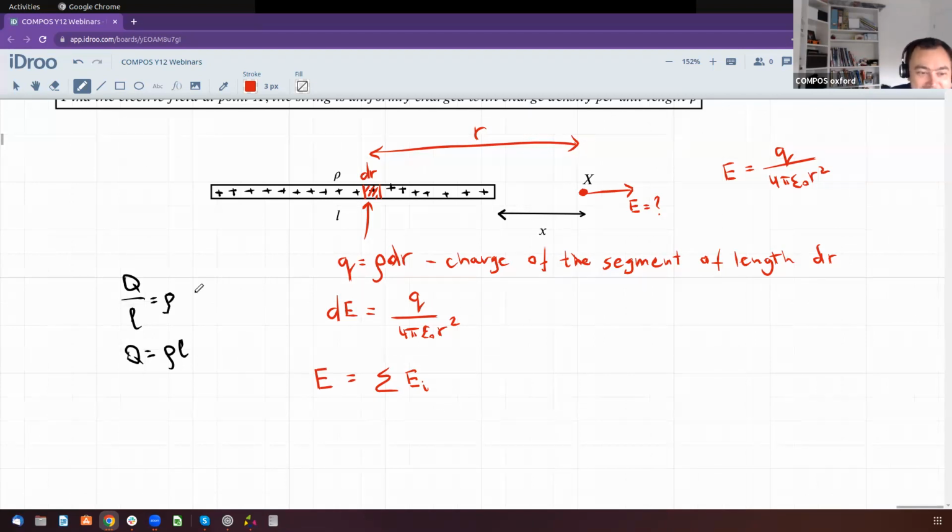All right. So you know what? I'm going to continue here. I know the Q is rho dr. It's going to be rho dr over 4 pi epsilon naught r squared.